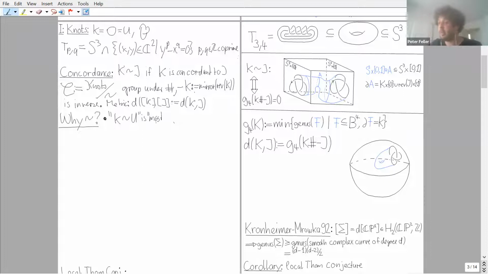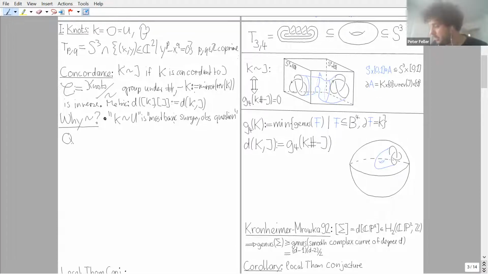obstruction to surgery working. Let me say it this way: surgery obstruction question. And now this doesn't say anything, so let me explain what I mean by this.